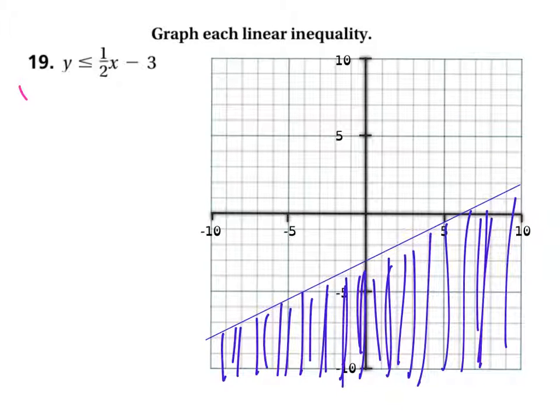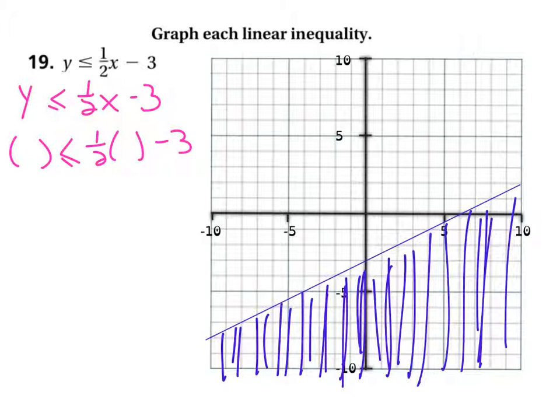Okay, so now I'll take y is less than or equal to 1 half x minus 3 and put in 0 for x, 0 for y, and see what we get as a result.